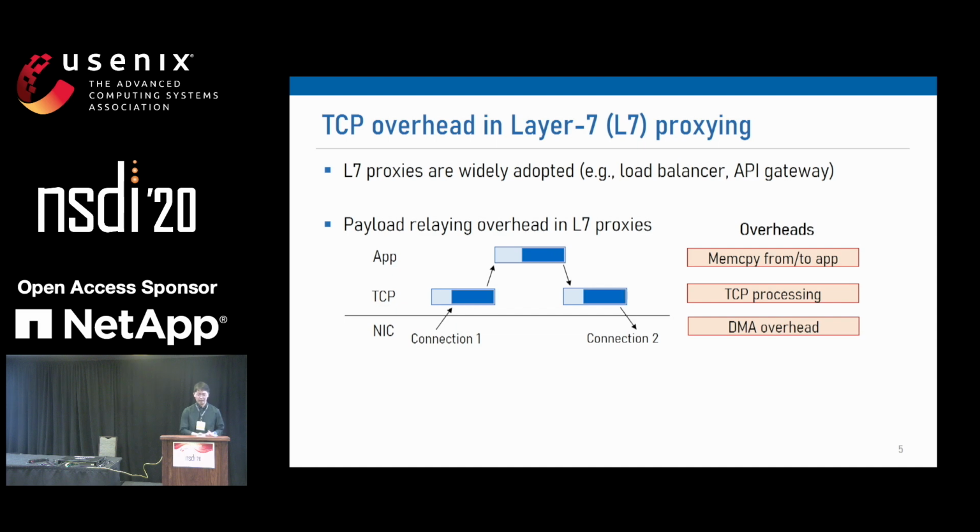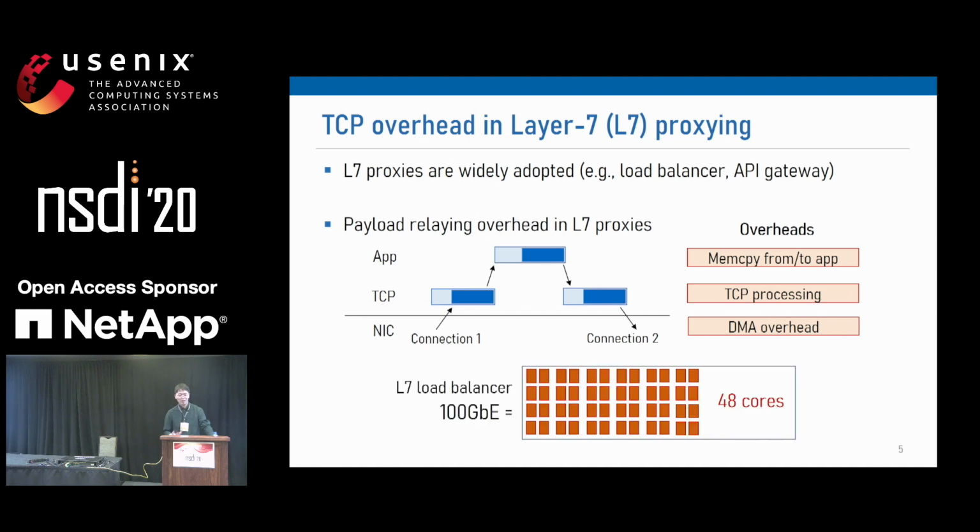But even in that case, the payload should be delivered all the way through the TCP stack and application, and this brings a huge CPU overhead to reassemble the TCP byte stream as well as memory copy. For example, a load balancer working at 100 Gbps link needs to dedicate 48 CPU cores only for relaying the payload, which is very inefficient.